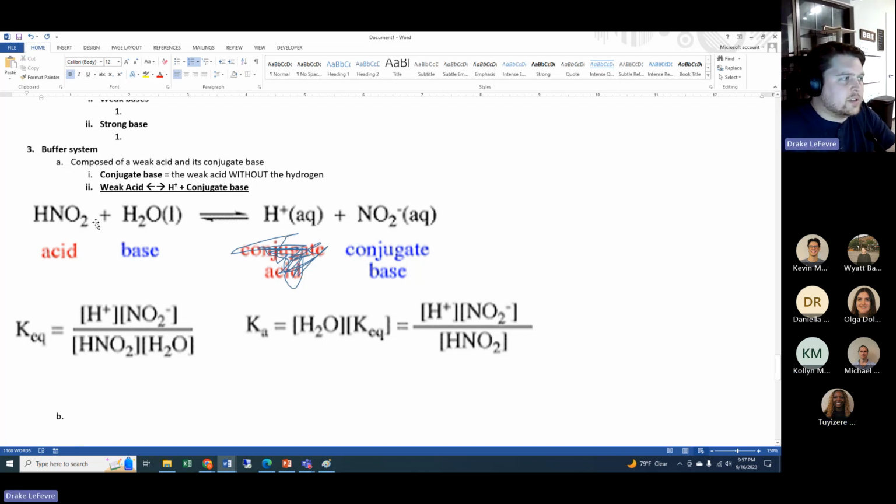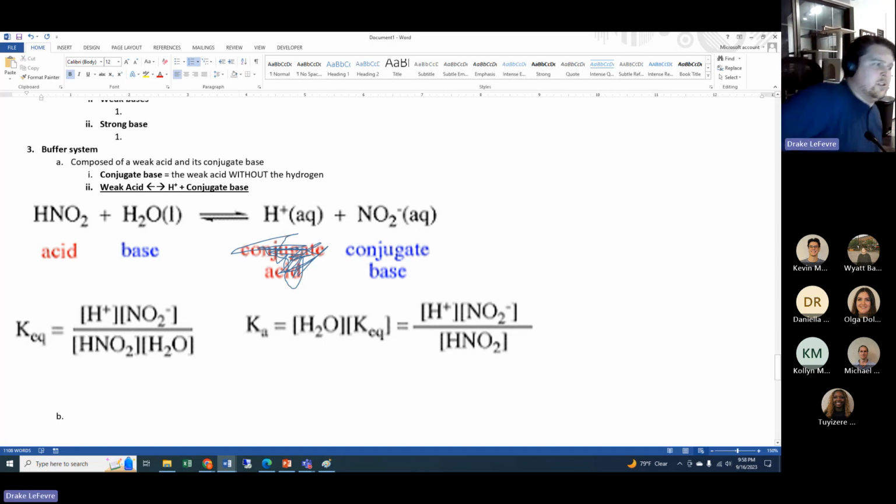Yes, this is what a buffer system looks like, where you have some form of weak acid getting put into water, and that weak acid dissolves into hydrogen and a conjugate base. And you know it's a weak acid just by memorizing that HNO2 is one, just by knowing which the weak acids are. The way he's going to ask you guys these sort of questions, he might ask based off the specific examples that he has in the book, but he's not expecting you to be master chemists.